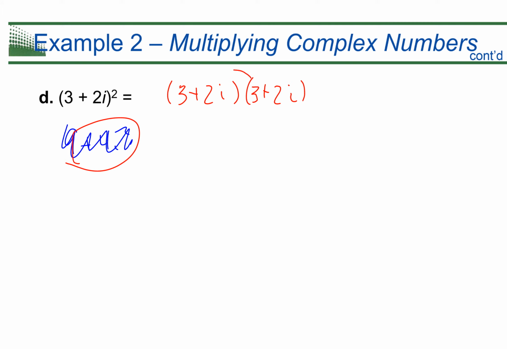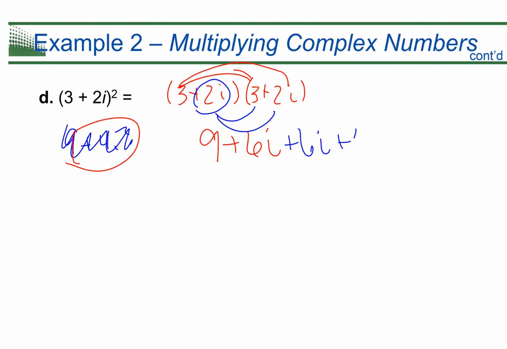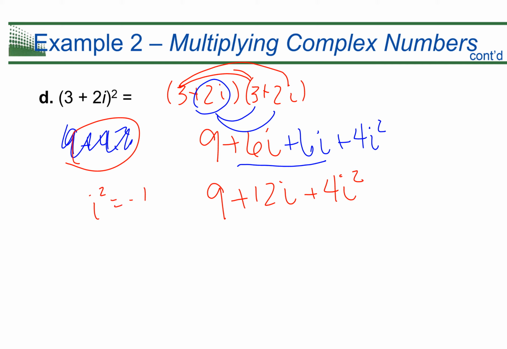So I'm going to distribute the 3. And that gives me 9 plus 6i. Distribute the 2i. That gives me positive 6i, positive 4i squared. I'm going to combine like terms. That gives me 9 plus 12i plus 4i squared. And then plug in, remember, i squared is equal to negative 1.